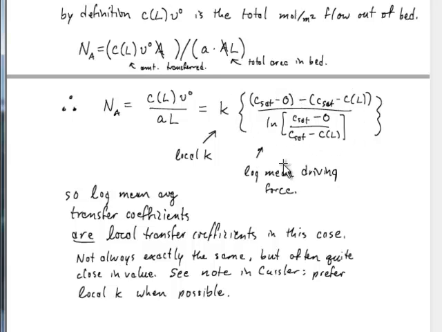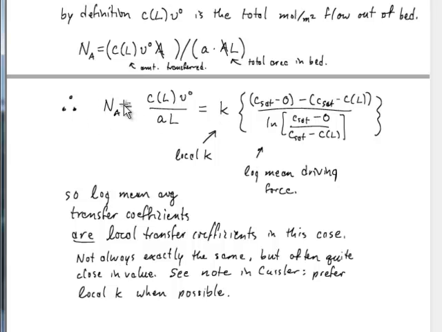And so people commonly identify a log mean driving force mass transfer coefficient, and what you can see here is that that thing actually is the local mass transfer coefficient. The log mean is just something that comes out of the integration that gives you that exponential for the rate of approach to equilibrium.